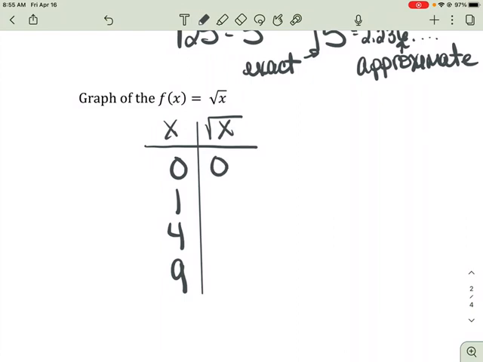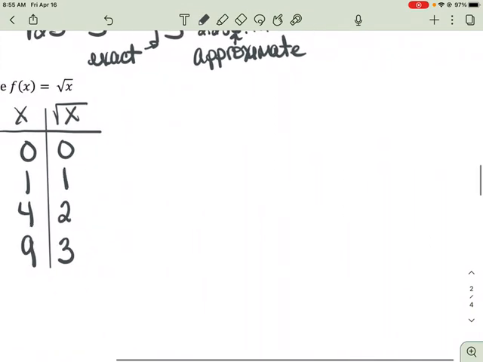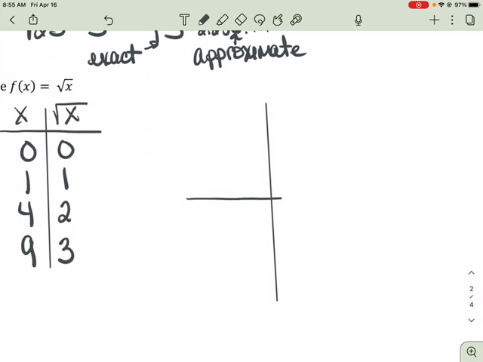Because the square root of 0 is 0. The square root of 1 is 1. The square root of 4 is 2. The square root of 9 is 3. Okay, so I'm not going to pull up the grid. So we're going to graph this.